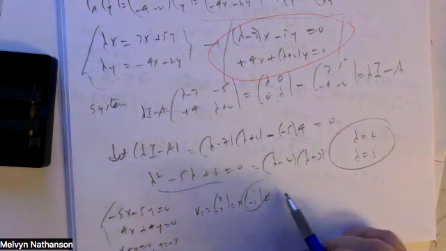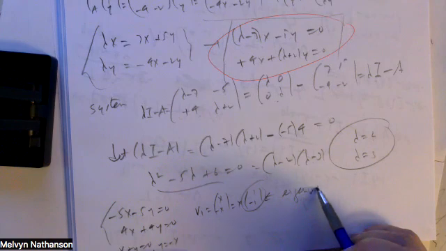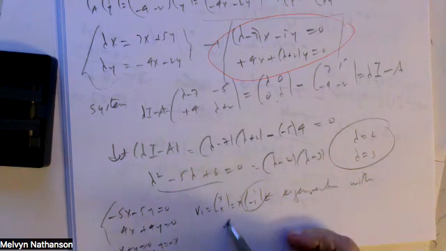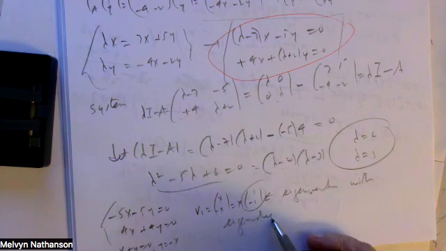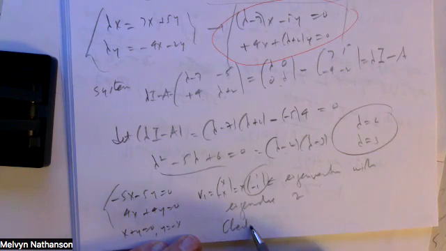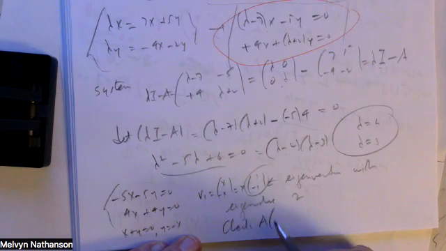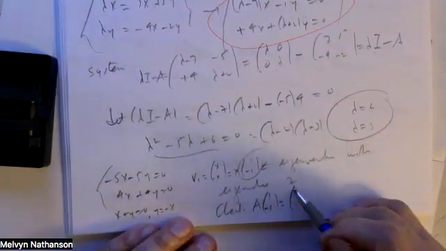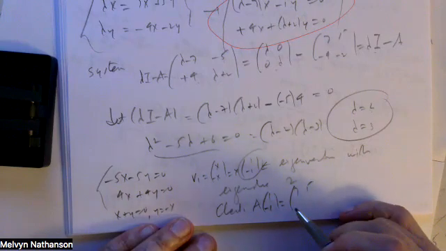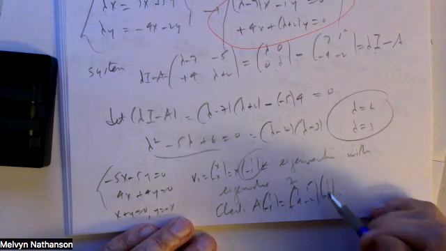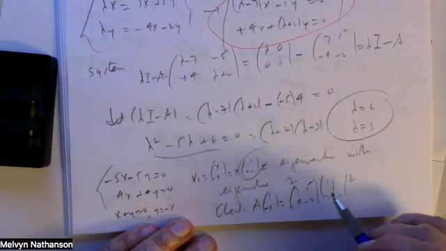So I claim this is an eigenvector with eigenvalue 2. Let's just check. If I take my matrix A times the vector 1, minus 1, where A is 7, 5, minus 4, minus 2, times 1, minus 1, this is 7 minus 5, which is 2.